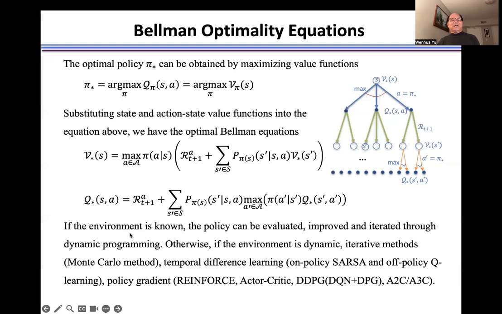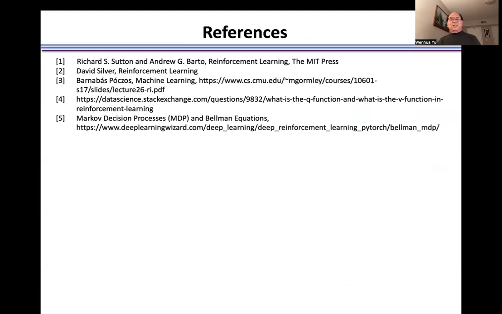Otherwise, if the environment is dynamic, we have to use a special method, like an iterative method, temporal difference learning, and policy gradient methods to solve the dynamic environment problem. For more details, please check this reference. Thank you. Bye.